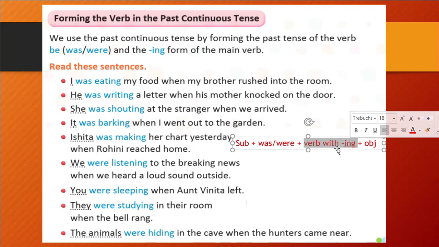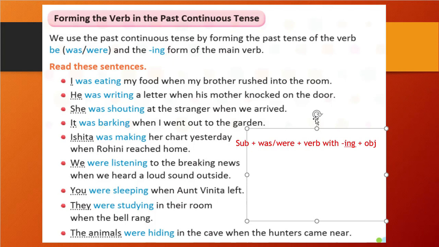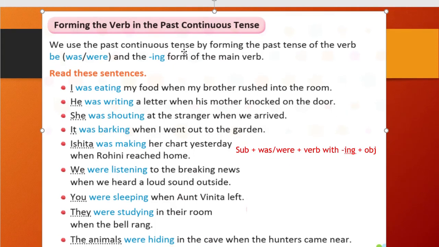Understood this point? Okay, you can see that the same thing is written here. We use the past continuous tense by forming the past tense of the verb be, was and were, and the ing form of the main verb. You can see the examples: was eating, was writing, was shouting, was barking, was making, were listening, were sleeping, were studying, were hiding.